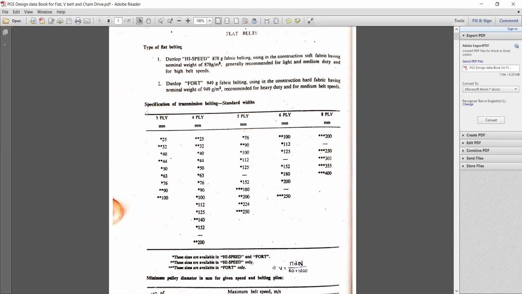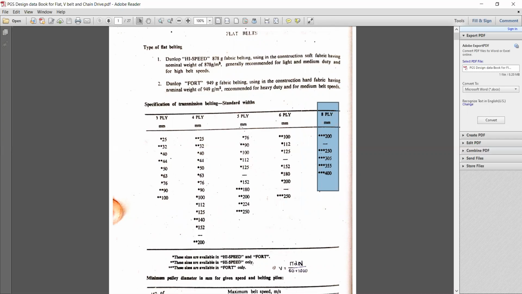For 3 plies, the belt width ranges from 125 to 100. For 4, you can use a range between 25 to 200. For 5, it is between 76 to 250. For 6, it is ranging between 100 to 250, and for 8 it is between 200 to 400.